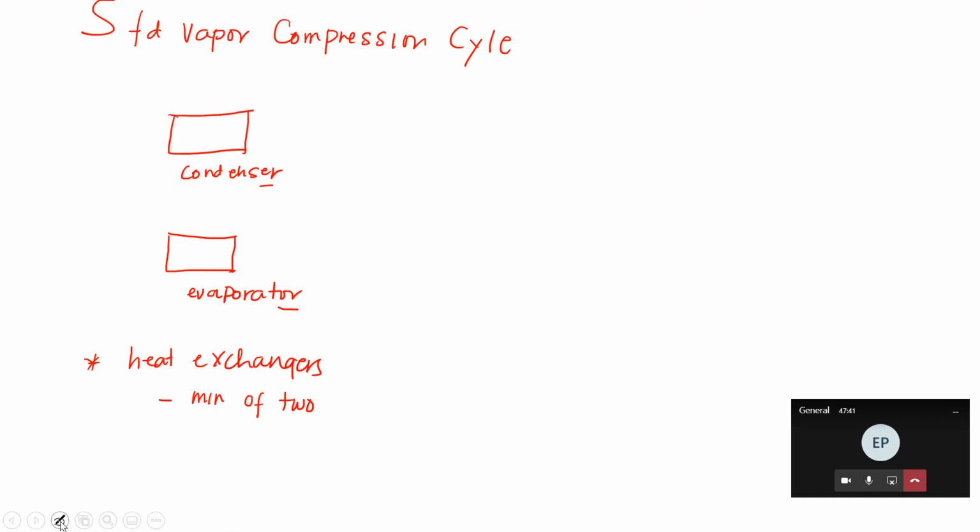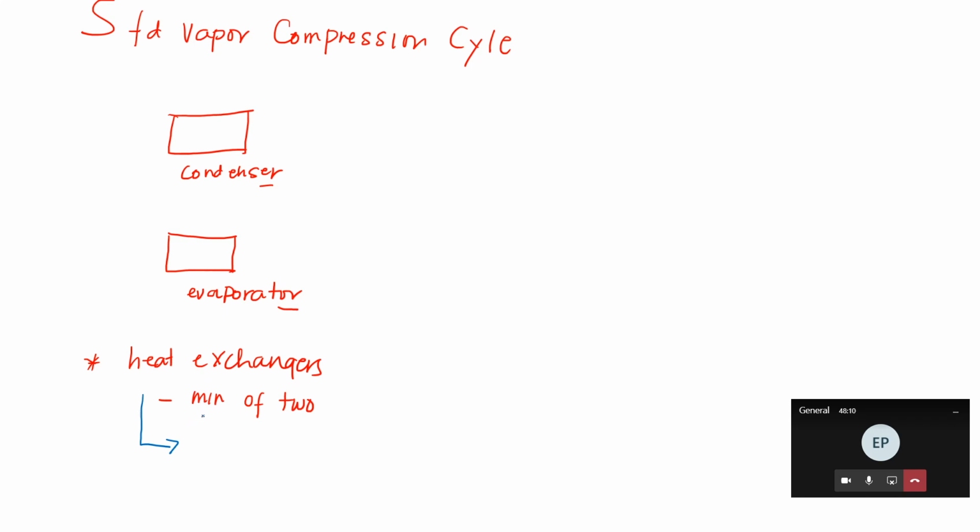I'm trying to emphasize this because this is the heart of the discussion. These two are called heat exchangers, and heat transfer is a very core part of thermodynamics, wherein heat is moved from one place to another, from one form to another.